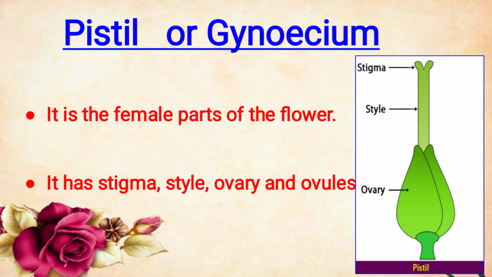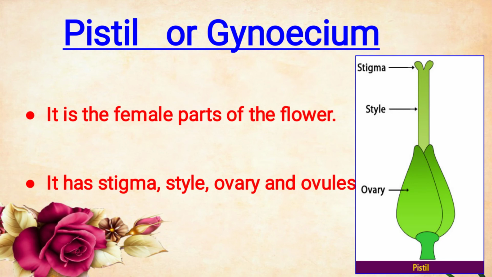These ovules convert the pollen grains into fruits or seeds. So pistil is the female part of the flower. It has stigma, style, ovary and ovules.